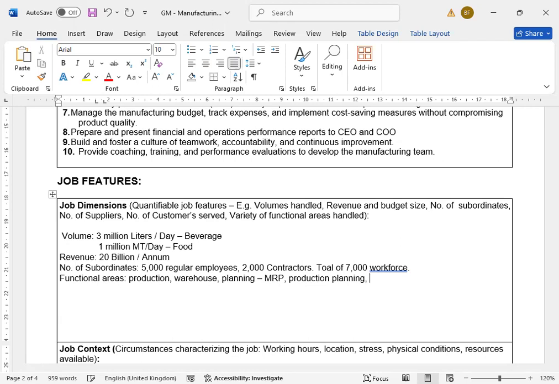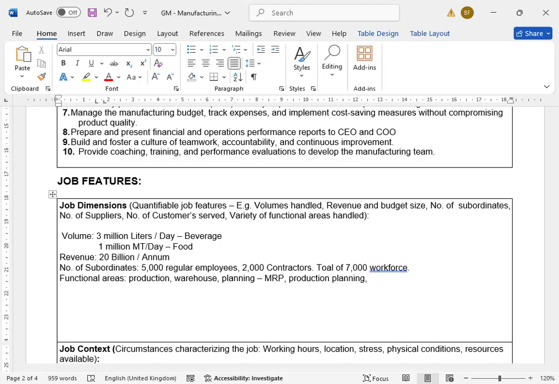Or other functions. That's why the general managers will always get a higher grade because of the functional areas he is handling. He is handling production, warehouse, maintenance, and the planning department. So many functions that he is handling. That's why the technical know-how is going up.